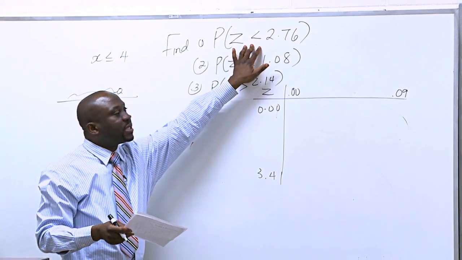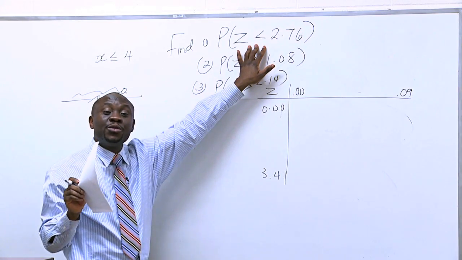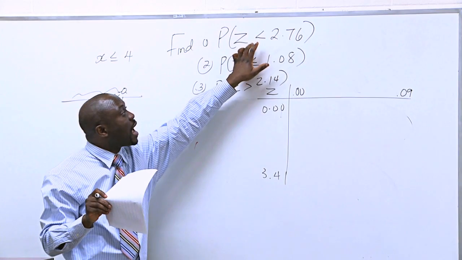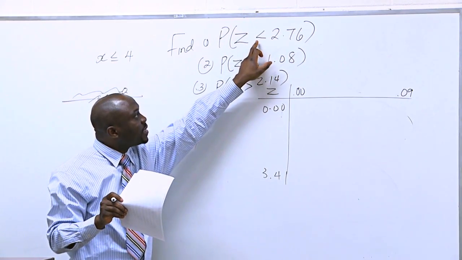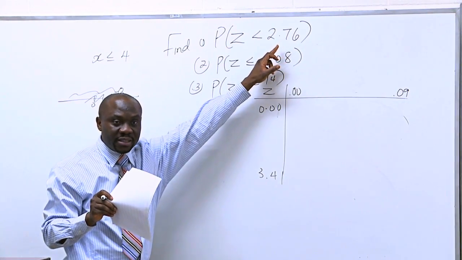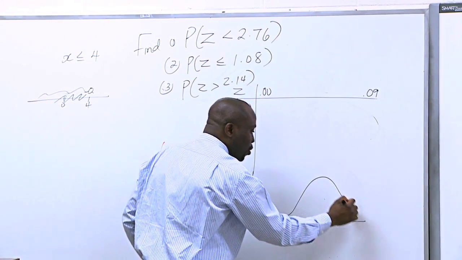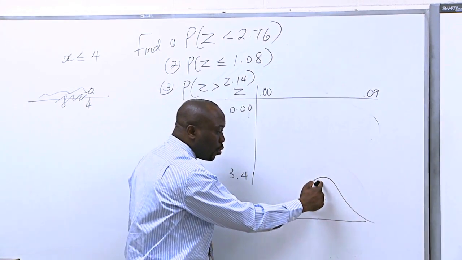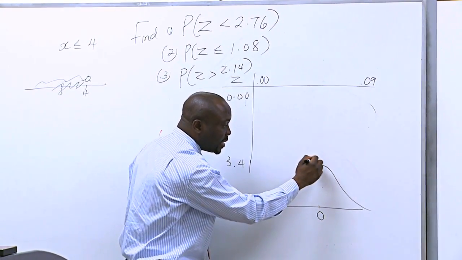How do we find this probability? Simple. You go to the table. But before we go to the table, we also want to learn how to graph this statement. It's z less than 2.76. So that is a bell shape. What is the value at the center? 0, because this is z, right?